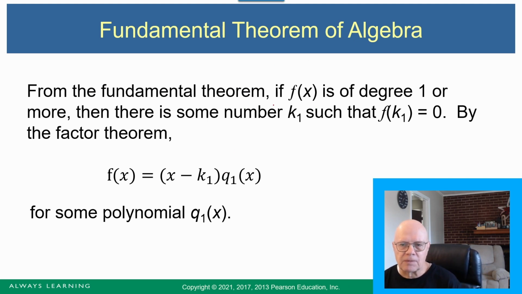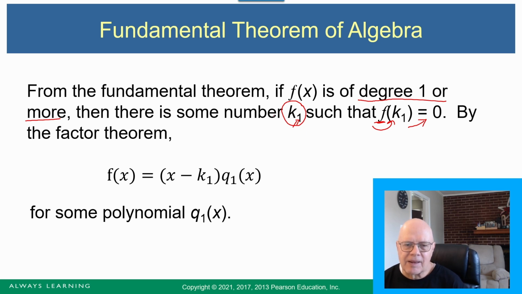Fundamental theorem of algebra. It says if you do have a polynomial of degree 1 or more, then there's some number, we're just calling it K1, K for constant, and this means the first constant. And if you put K sub 1 in your function, you end up with 0 for your y.